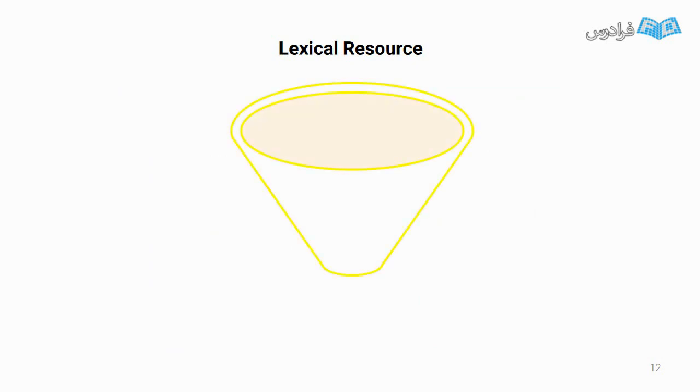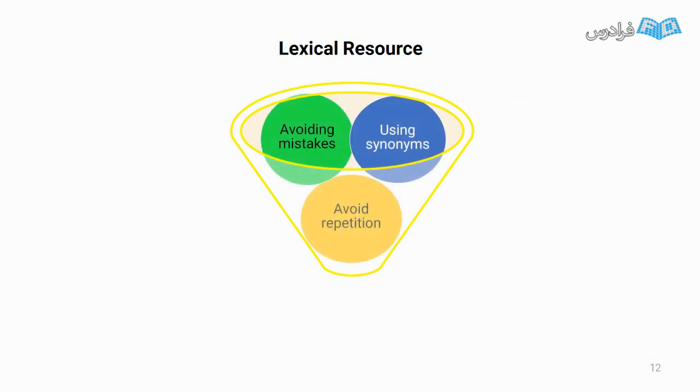Let's check what lexical resource is. Lexical resource refers to your ability to use vocabulary both accurately and appropriately. You will get a higher score if you look at these points. You have to avoid mistakes. Be careful about collocations. Make sure that they are exactly accurate.